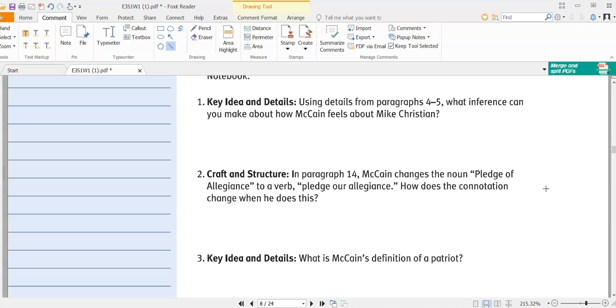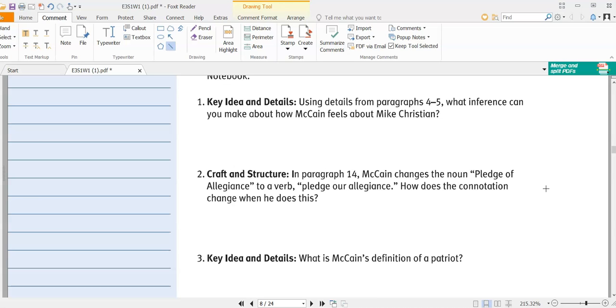So for this part, you're going to go back to paragraphs 4 or 5 and look at the words he uses to describe Mike Christian. You're trying to look for how he feels about him. Use specific details, and make sure you cite them and quote them, that show you how McCain feels about Mike Christian. It's not going to straight up say, like, I loved Mike Christian. It's going to imply it.